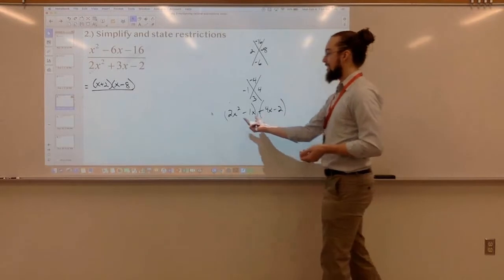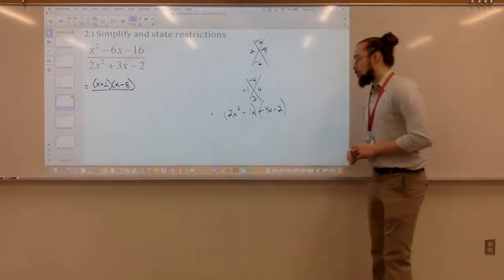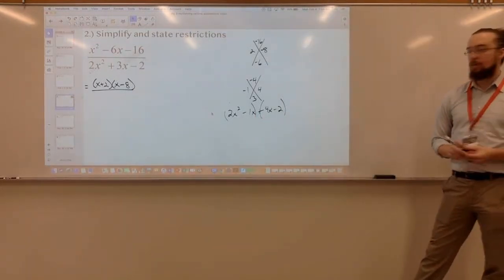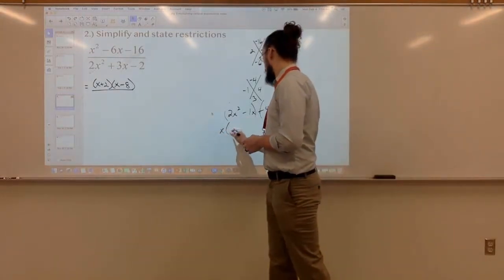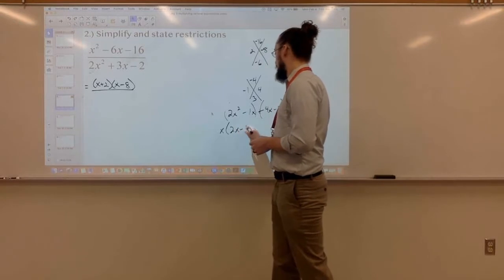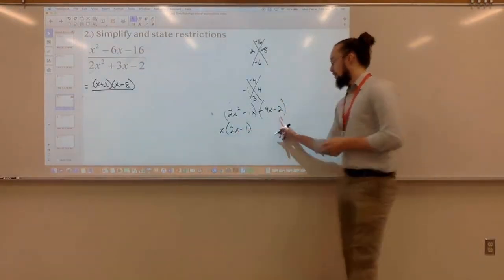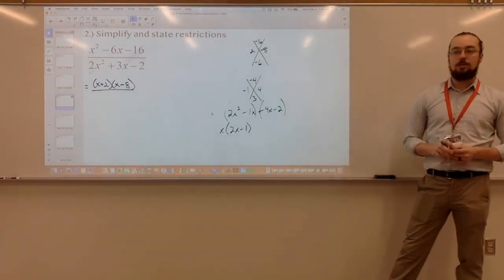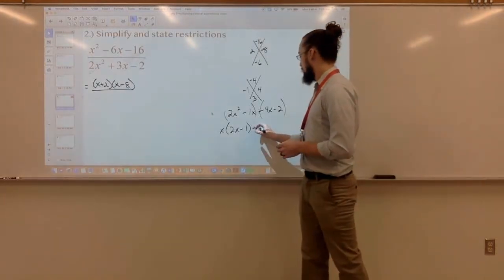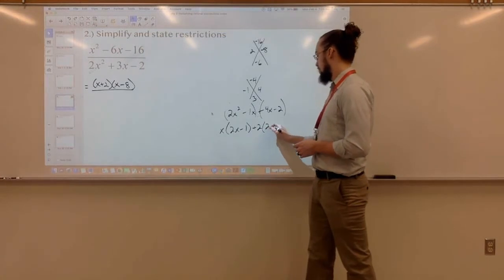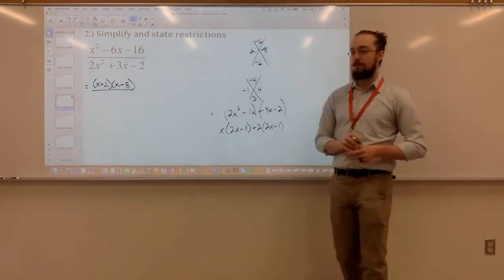What's my GCF between 2x squared and negative 1x? Just x, so I'll take out an x. I'm left with 2x minus 1. How about between 4x and negative 2? I can take a 2 out. So I'll have plus 2 times, and I'm left with 2x minus 1.